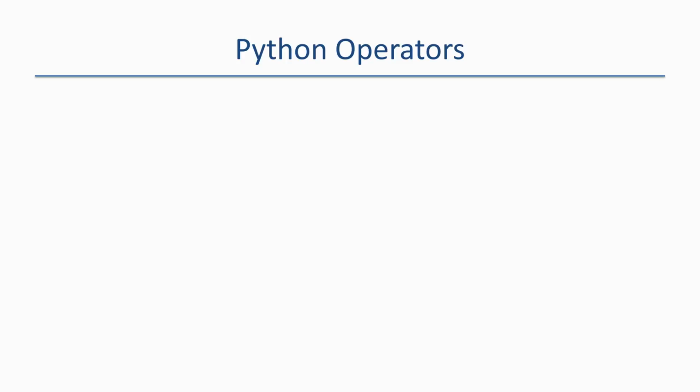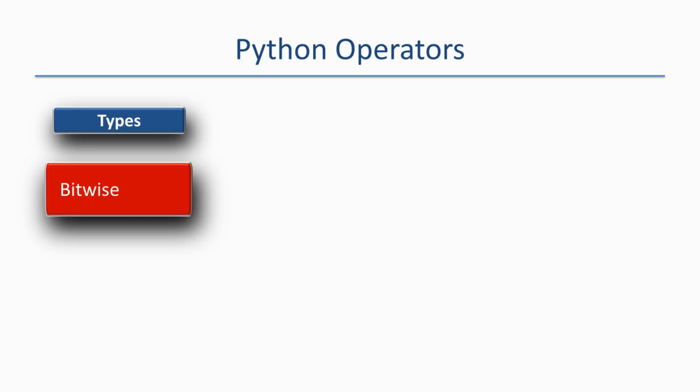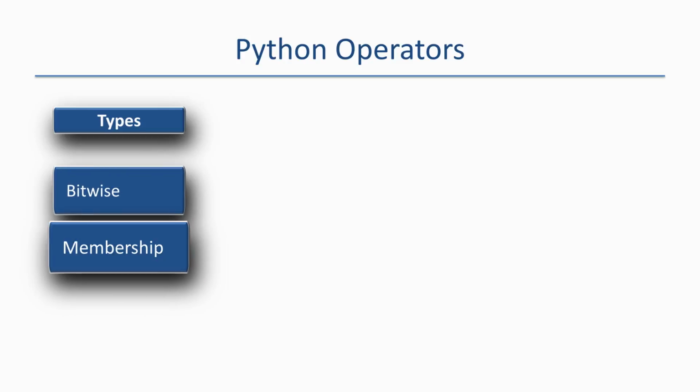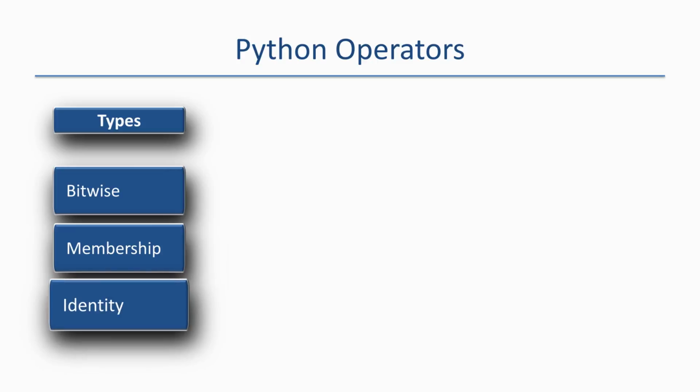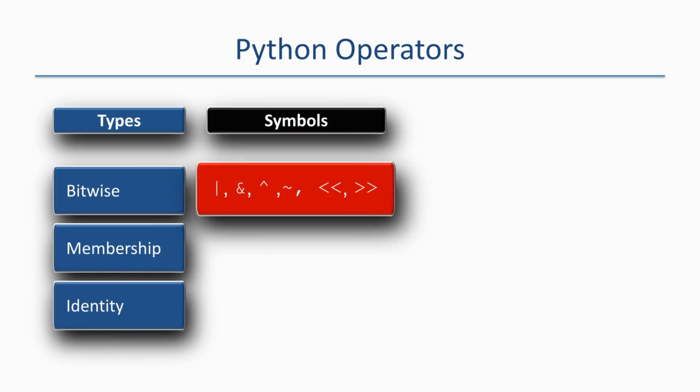I'm going to show you some more types of operators. Don't worry if you do not understand them at this time. This is just for you to know that they do exist. In the future lessons, I will cover these in much more detail, as I mentioned. Those types are bitwise operators, membership operators, and identity operators. Symbols that are used for these are bitwise OR, bitwise AND, bitwise exclusive OR, bitwise NOT, bitwise shift to the left, and bitwise shift to the right.